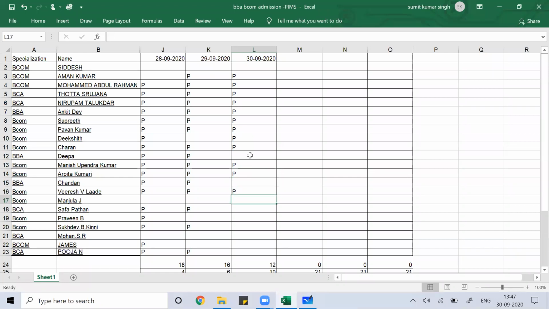Viresh is there. Safa is there. Pooja is there.